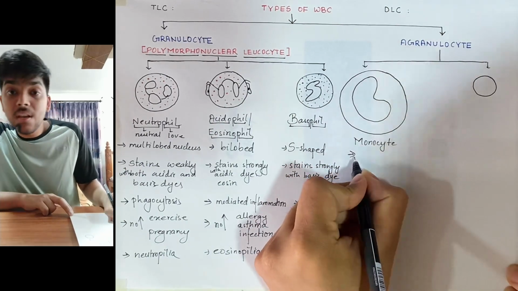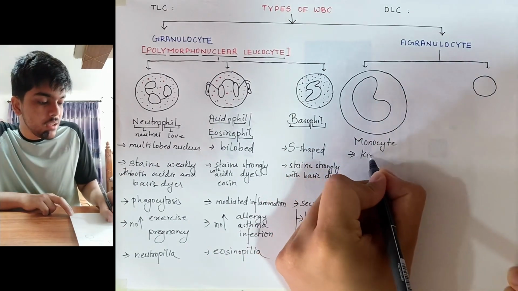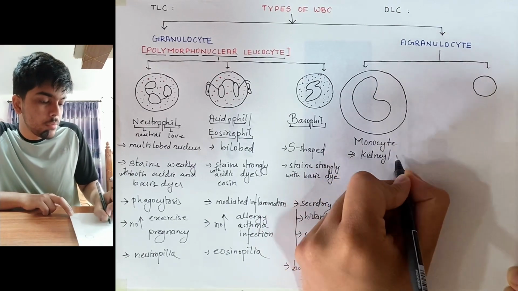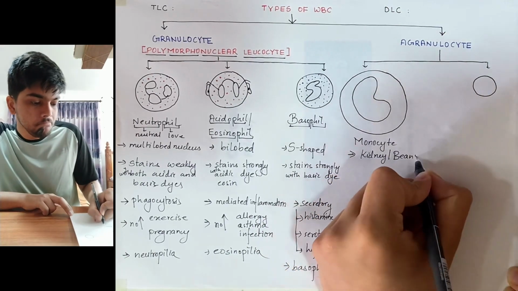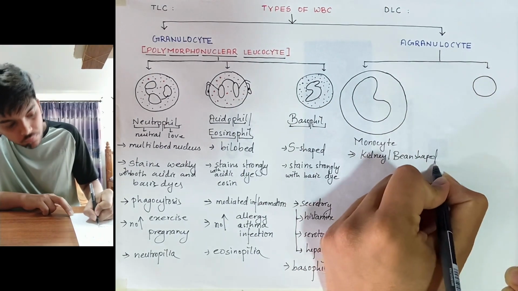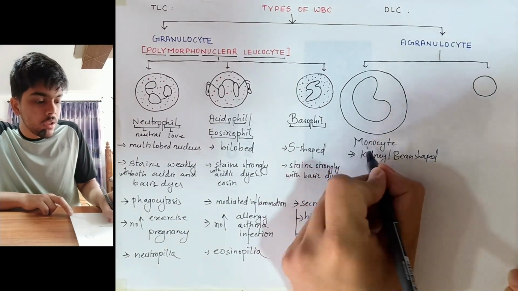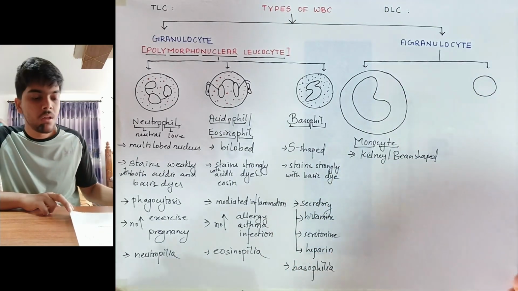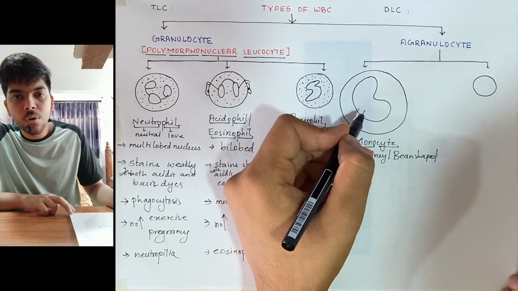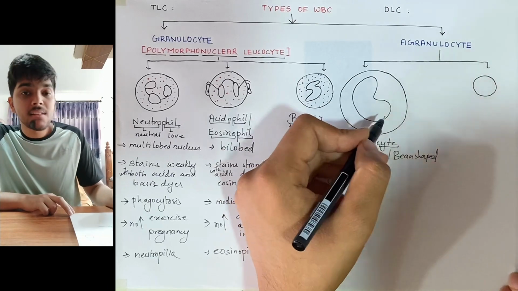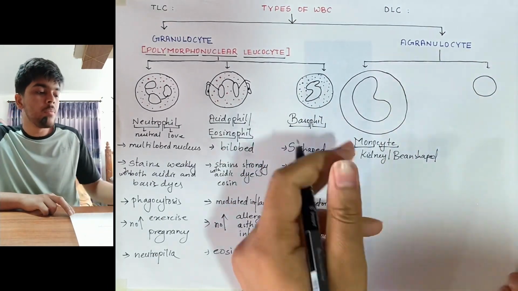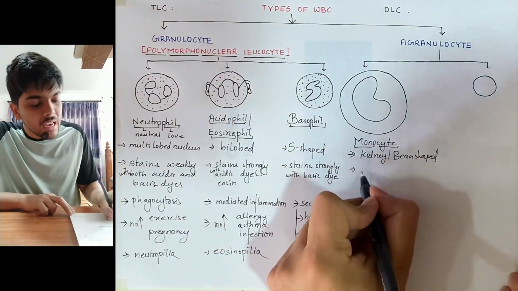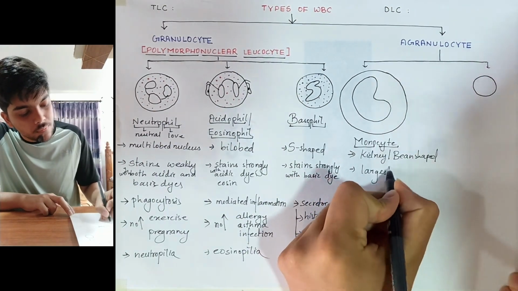So the nucleus is kidney or bean shaped. Let's break the word. It contains mono, that means single, and cyte, that means cell. So it's a single cell with a kidney or bean shaped nucleus. And the cell, as you can compare from other diagrams, is the largest WBC.